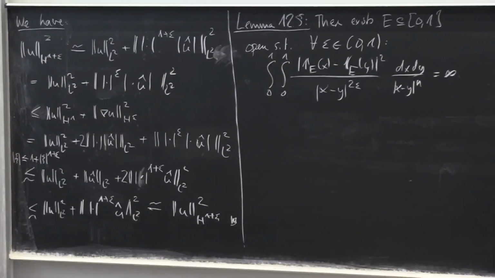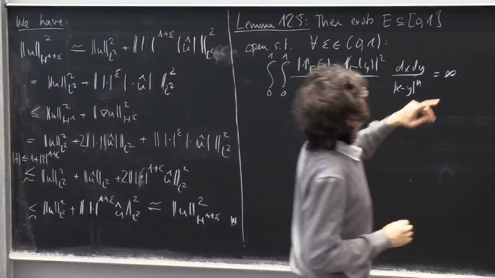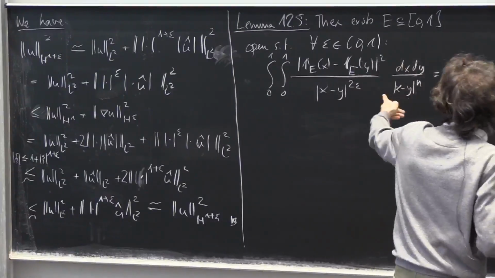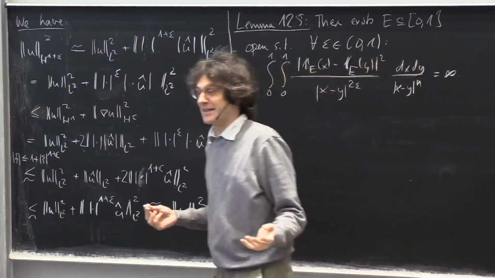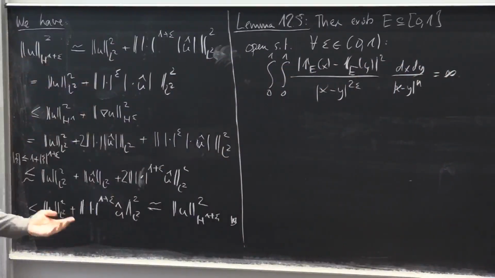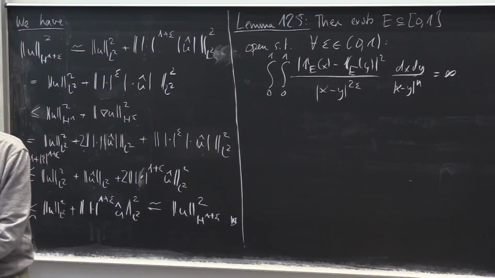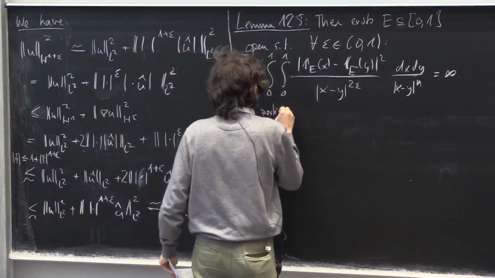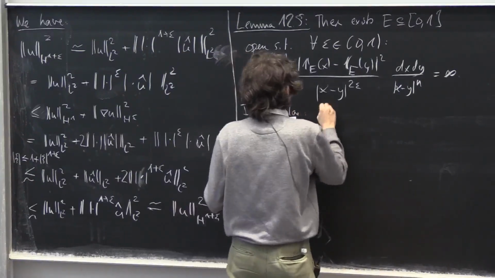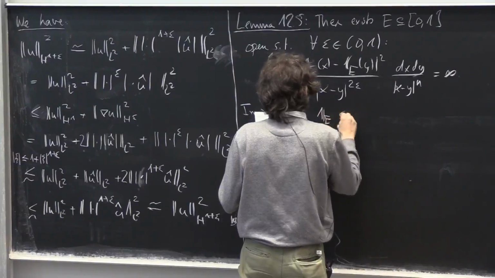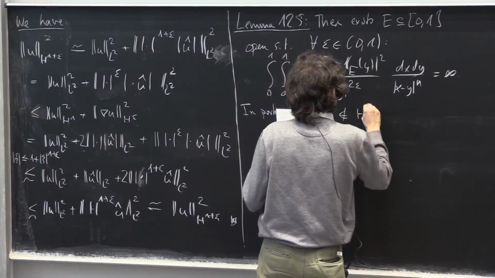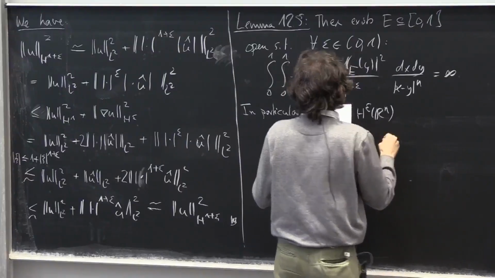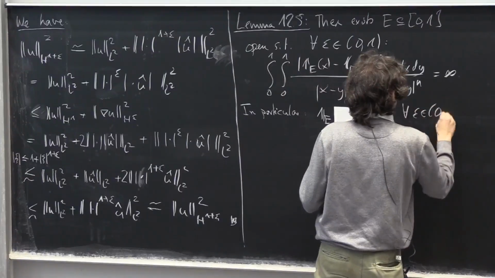And if you now look back to Proposition 4.13 that I recalled in the beginning, then you see why this quantity is of interest. This is exactly the Sobolev-Slobodetsky semi-norm of this characteristic function of E. What this means in particular is that the characteristic function of E is in no Sobolev space H epsilon for every epsilon greater than 0.